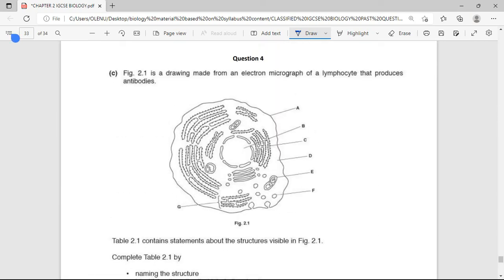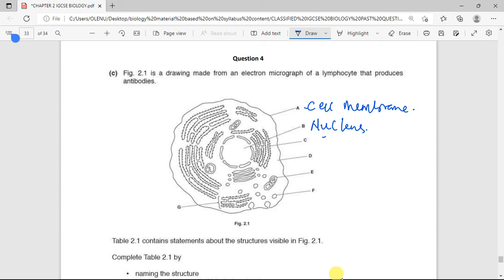Okay, so figure 2.1 is a drawing made from an electron micrograph of a lymphocyte that produces antibodies. A lymphocyte that produces antibodies. Okay, so if you want to label this, which is the first thing I advise you to do, this is your cell membrane. This is the nucleus. This is a single dot.